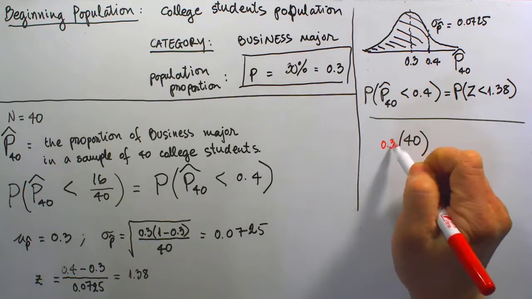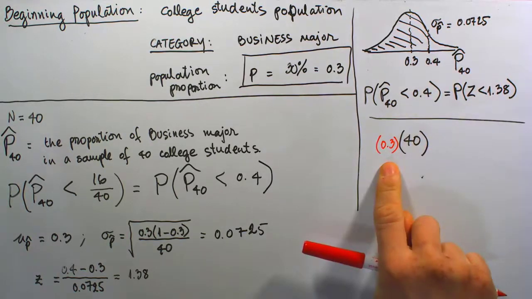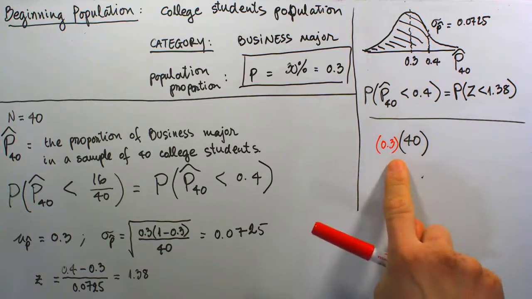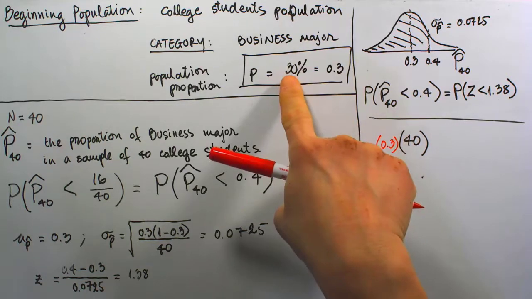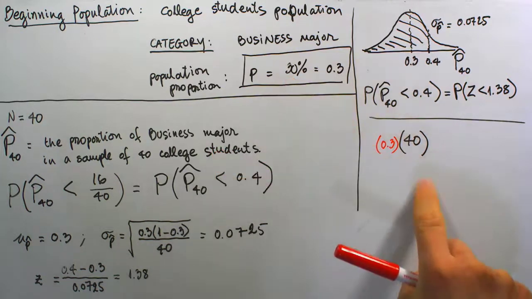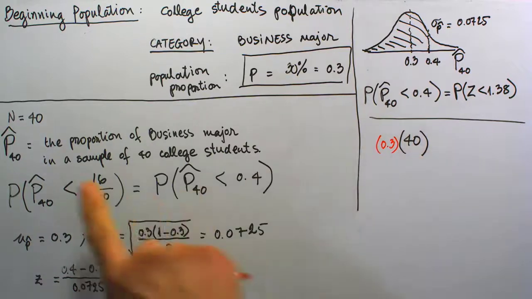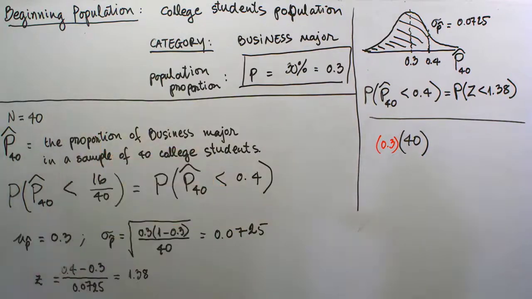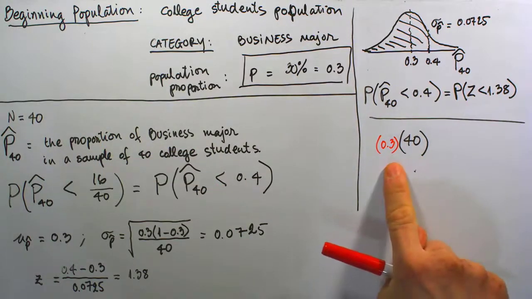Take good note about the role of this 0.3. This 0.3 is the given population proportion. So from our sample size in our distribution, we just simply multiply with the known population proportion.